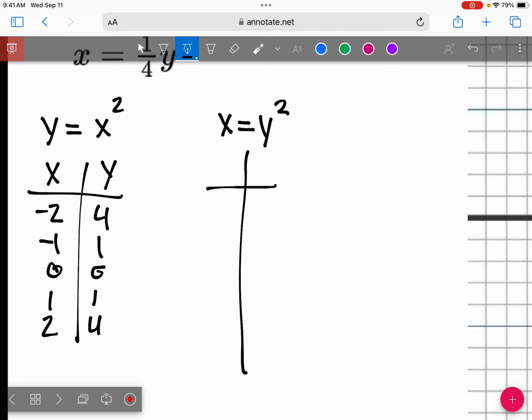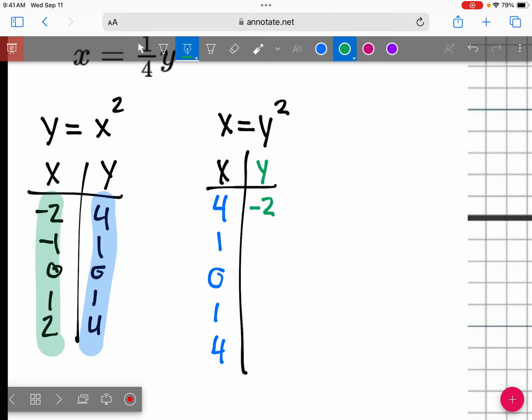So take my two columns, switch them. My x's are what was in my y column: 4, 1, 0, 1, 4. And what was my x's becomes my new y: -2, -1, 0, 1, 2.